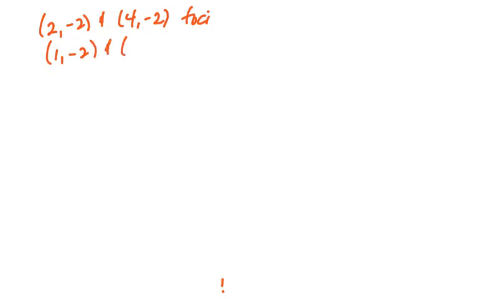I think we'll do one more. This problem says find the equation of the ellipse, and the foci are negative 2, negative 2, and 4, negative 2. And the vertices are 1, negative 2, and 5, negative 2.